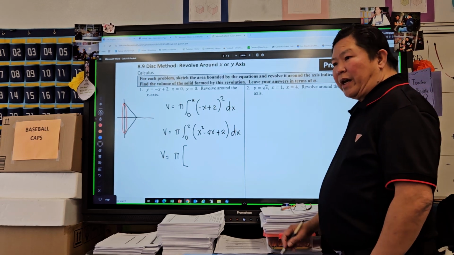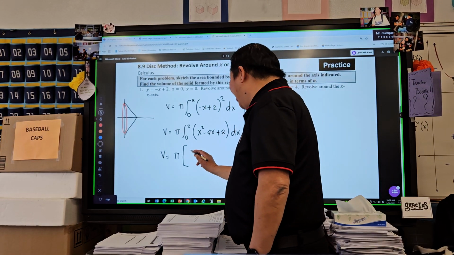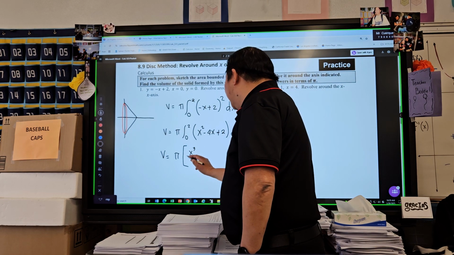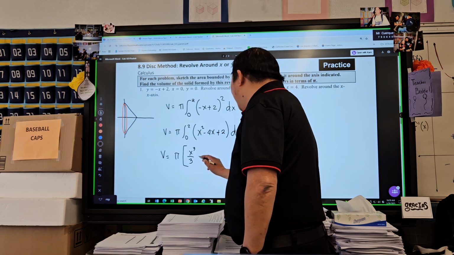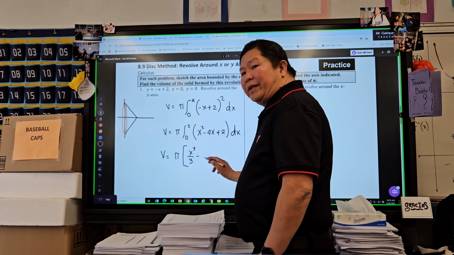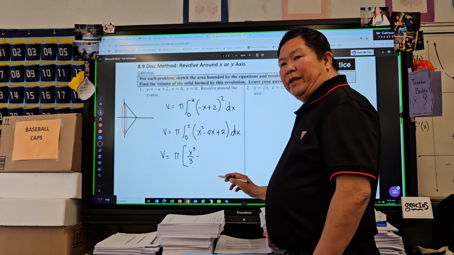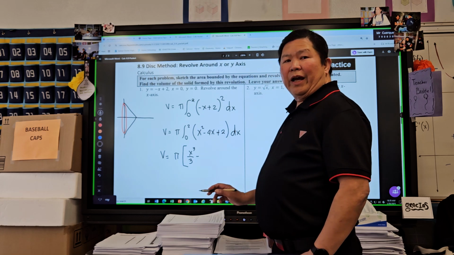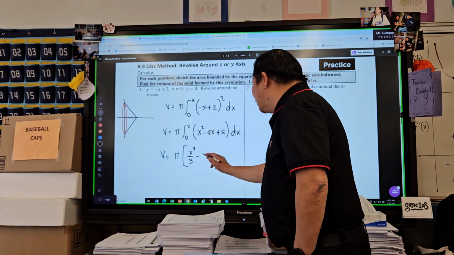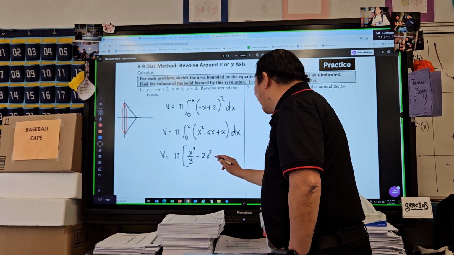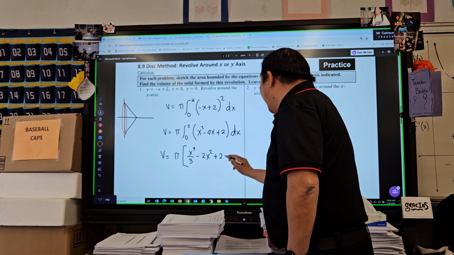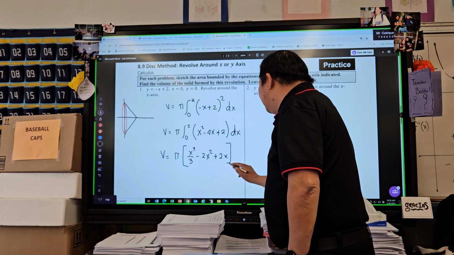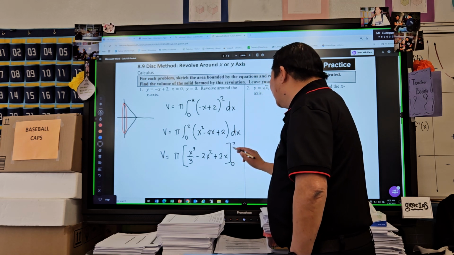So this becomes x cubed over 3, and then minus 2x squared plus 4x, evaluated from 0 to 2.